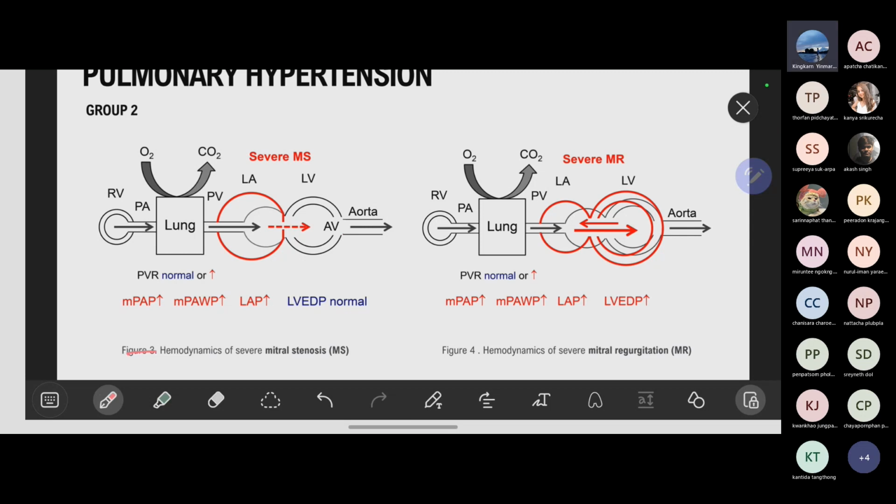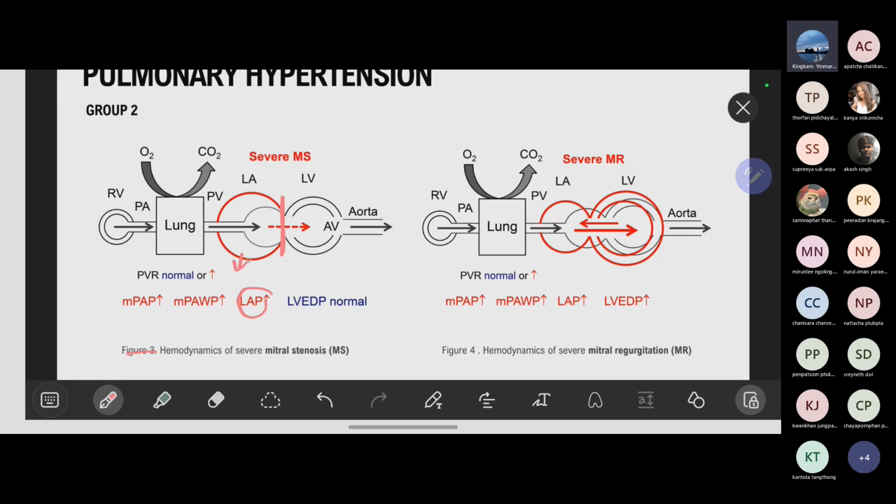In patients with mitral stenosis, this diagram shows there is obstruction of blood flow at the level of the mitral valve, and this leads to an increase in LA pressure.